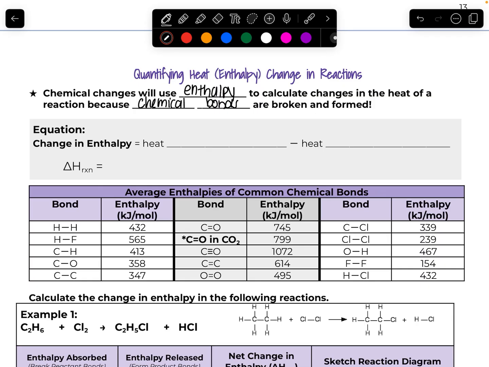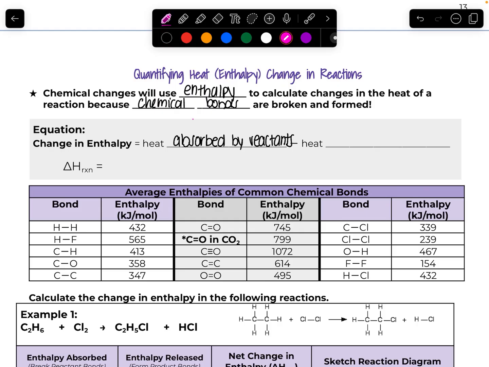To calculate the change in enthalpy, really what we have to think about is how much energy do we put in versus how much energy do we get out. So we want to first start by thinking about the amount of heat that is absorbed by reactants. This is the amount of energy that's used to break bonds.